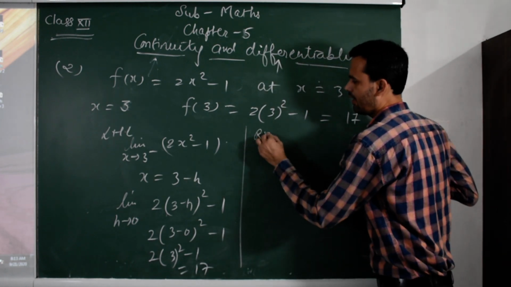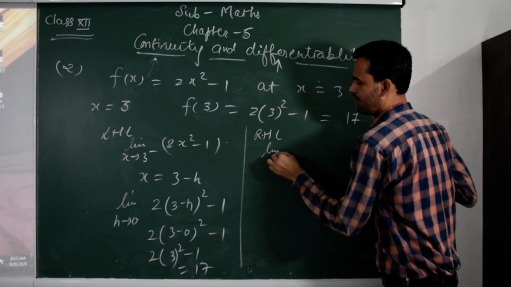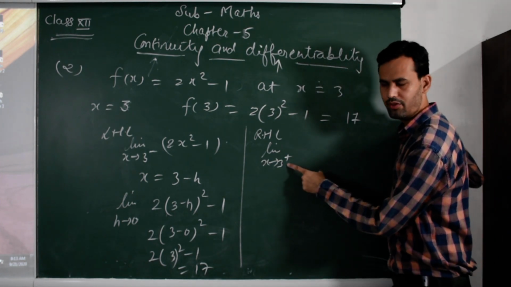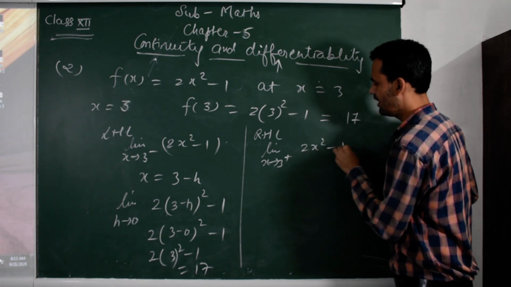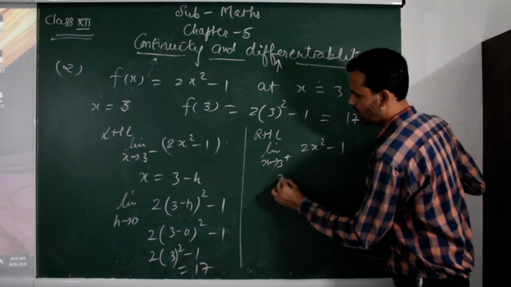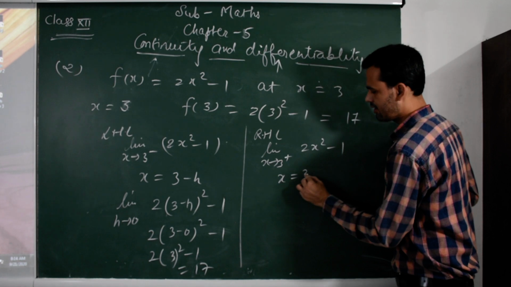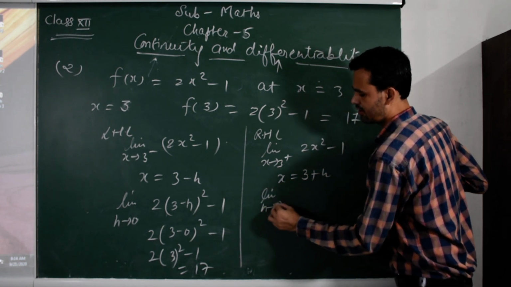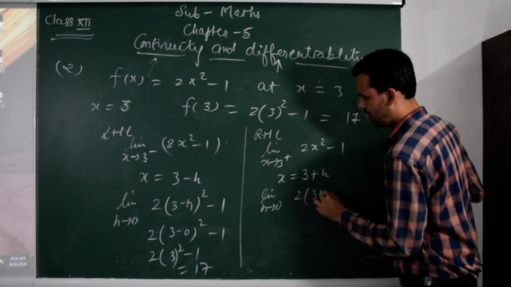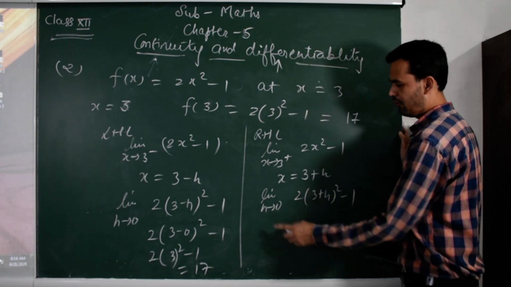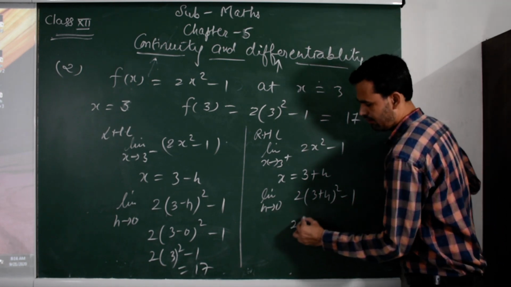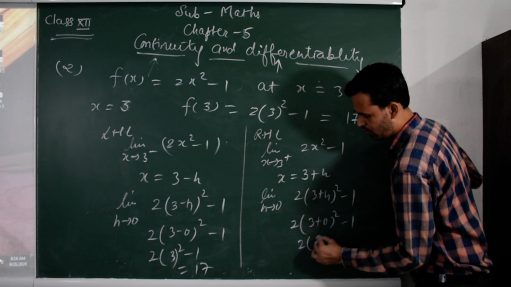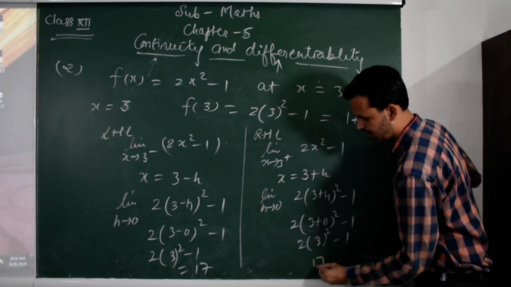Now we take RHL, limit x tends to 3 plus. In RHL we take the positive sign, and the function is the same, 2x square minus 1. How much greater than 3? It's 3 plus h, and the function changes, with h tends to 0, to 2 times (3 plus h) square minus 1. If we put h equals 0 here, then we get 2 times 3 square minus 1, that is also 17.